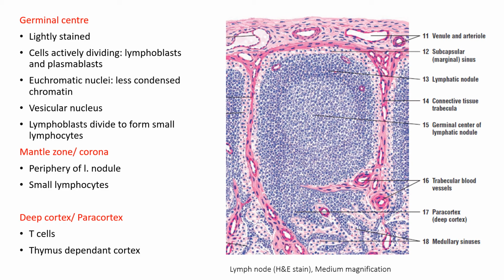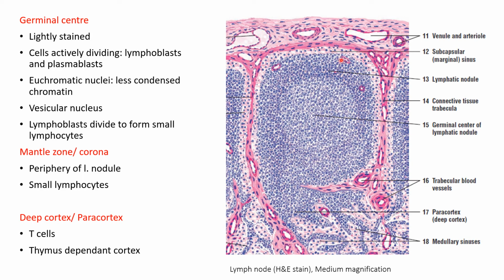Now this picture is showing you the outer cortex of the lymph node and also the paracortex over here. This is a medium magnification picture under the hematoxylin and eosin stain, and here you can appreciate a large secondary lymphatic nodule.